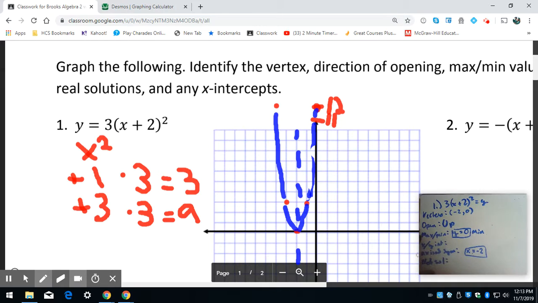X and y intercepts, well, the x intercept is right here, -2, 0. So x intercept at -2, 0. And then the y intercept is at 0, 12.